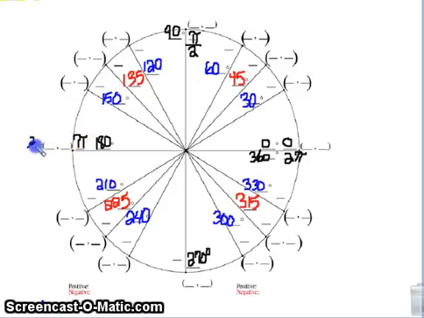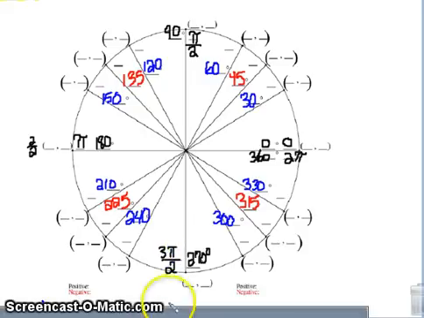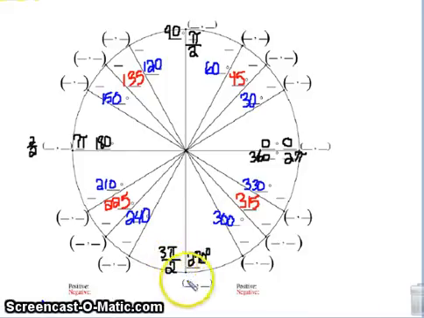Because 2 over 2 is 1. So what is down here going to be? So 3 pi over 2. And 3 pi over 2 then turns into 4 over 2, which is the same as 2 pi.